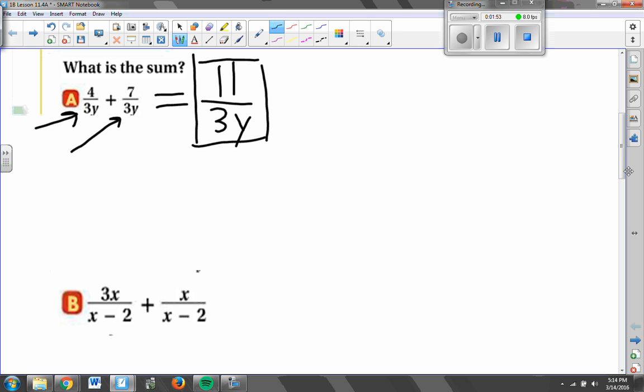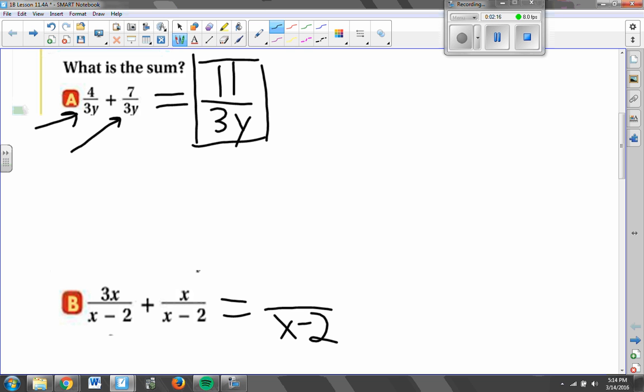Even when the denominator gets a little bit more complicated, and we're asked to add together 3x over x minus 2 plus x over x minus 2, I am going to simply add the numerators together because the denominator is already the same, and it is going to stay the same no matter what happens. Okay?